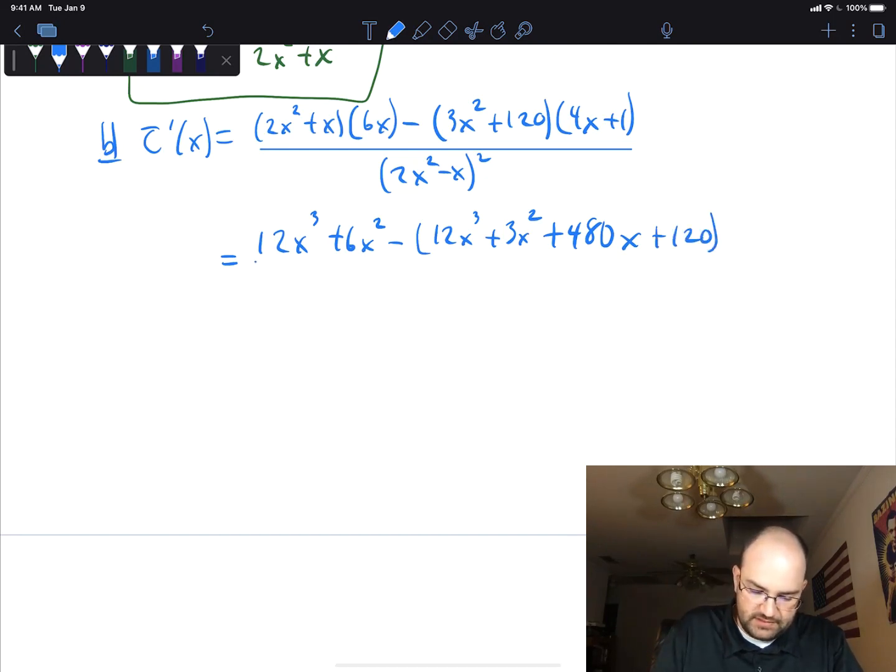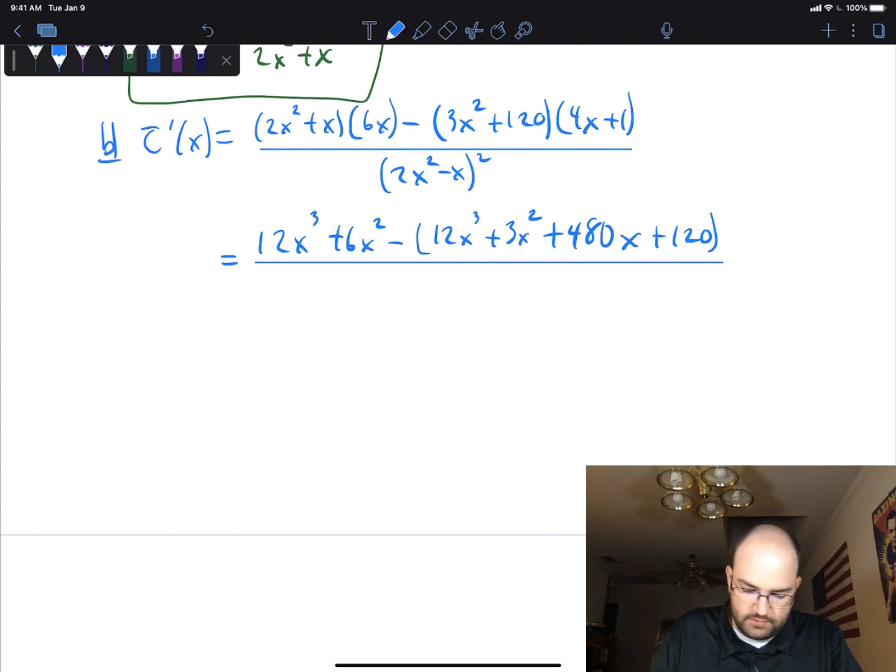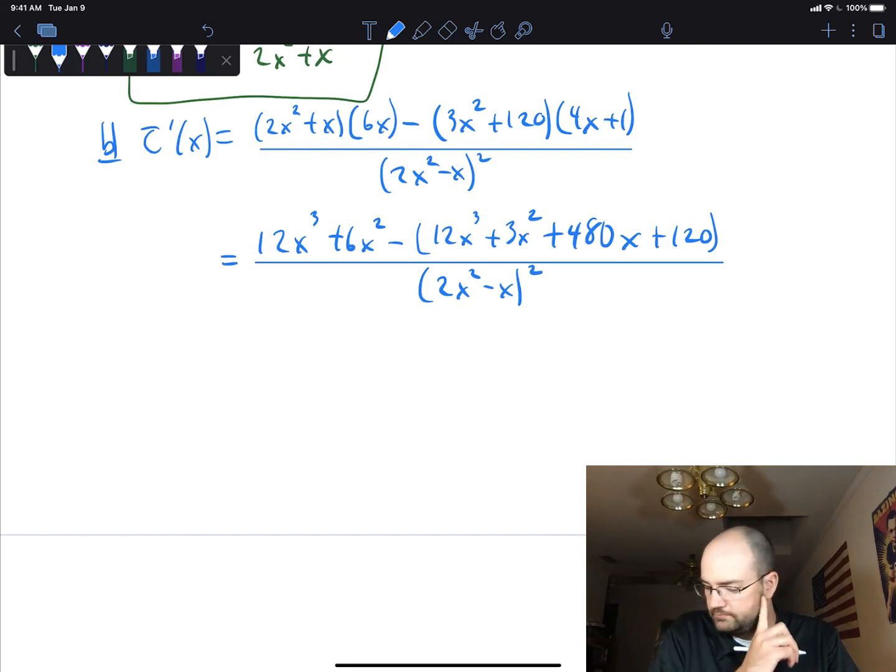Close parentheses, all over the bottom, which is 2x squared plus x, all squared. Awesome.